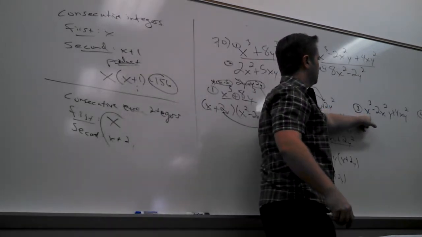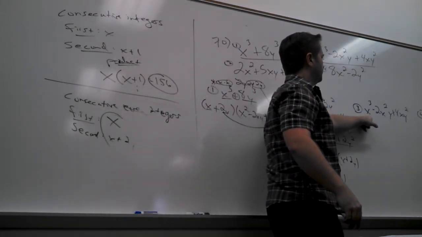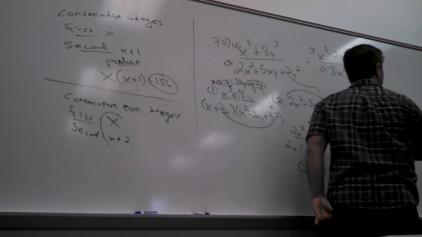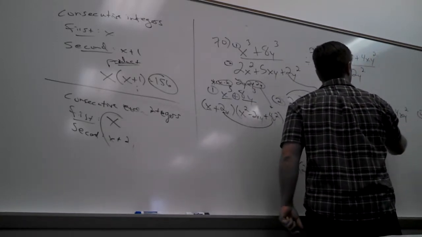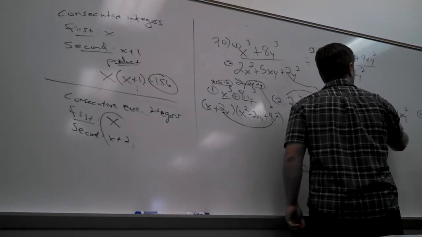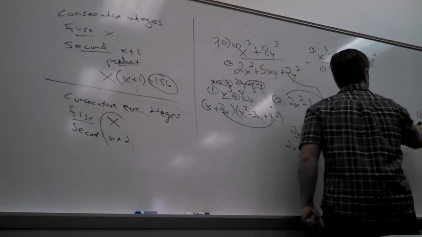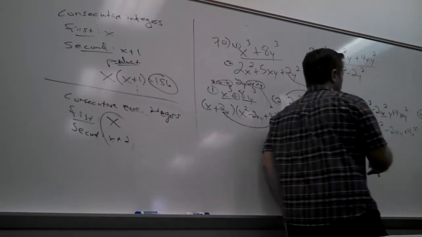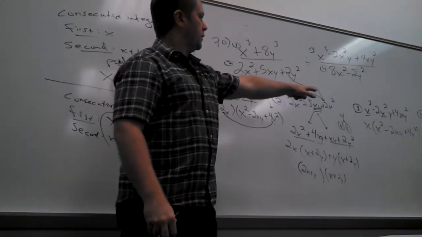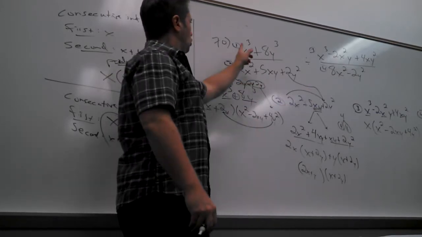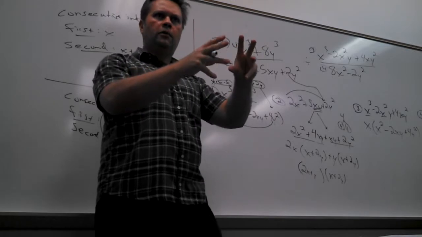What about this guy? Yeah, good. I can see x's in all of them, so take an x out. X squared, negative 2xy, plus 4y squared. And why do you not spend any time on that? Because you see it over there, right? Whenever you have a cube, be careful about trinomials.